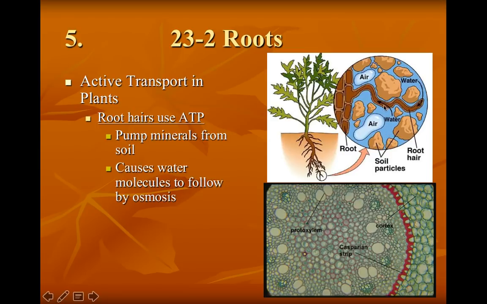And so what ends up happening is water will, by osmosis, be pulled into that cell as well to try and dilute all those molecules that are now inside of the cell. So water actually ends up getting sucked into that plant, just like a sponge would suck up water.